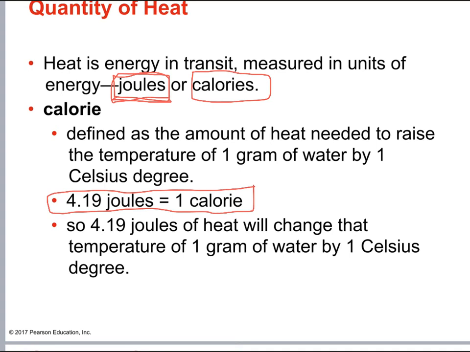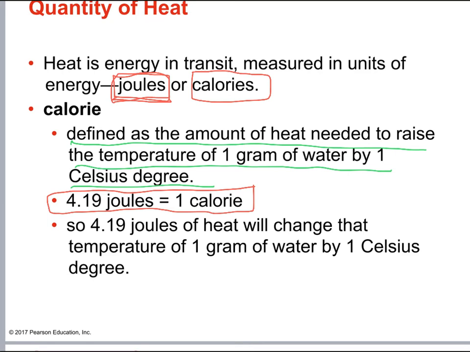And what is a calorie, though? A calorie is defined as the amount of heat needed to raise the temperature of 1 gram of water by 1 Celsius degree. So that's how many calories of energy are needed to do that.